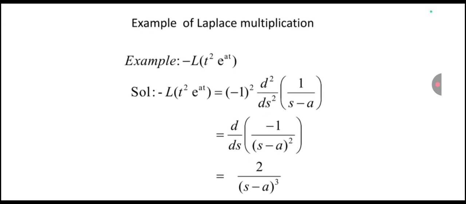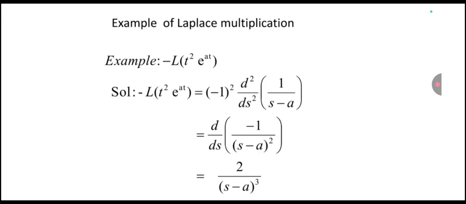Let us see some examples. Example of Laplace multiplication: L of t square into e power at. Now what is the formula for multiplication? L of t power n into f of t is equal to minus 1 the whole power n, d power n by ds power n into L of f of t.